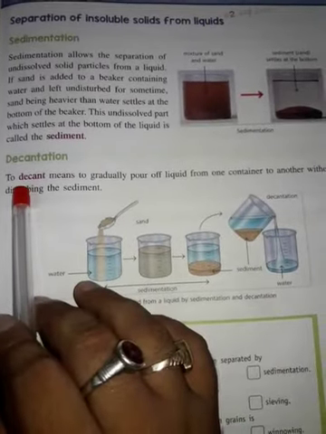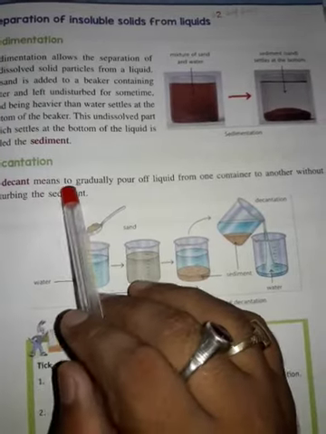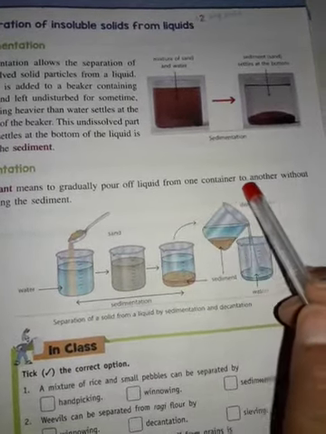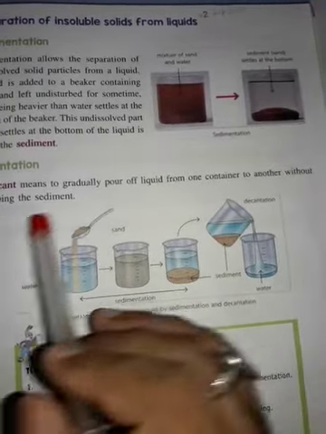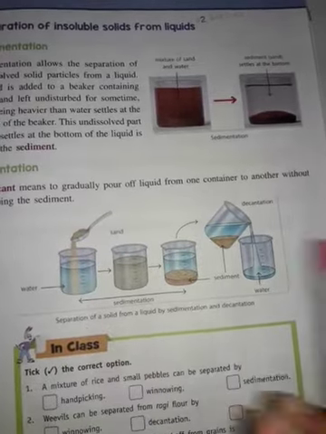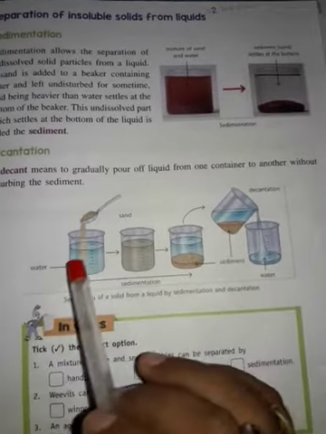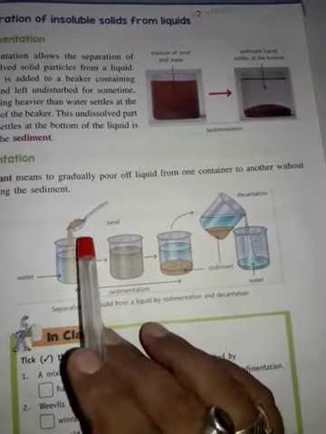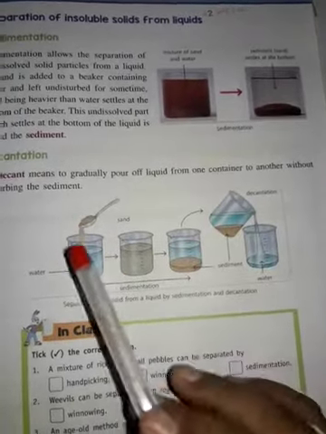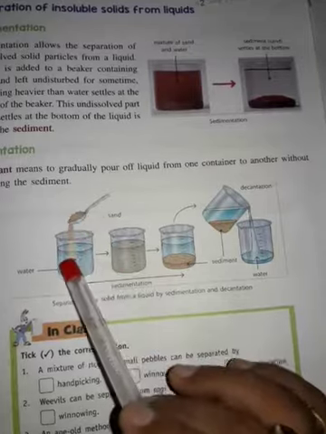Decantation. To decant means to gradually pour off water from one container to another without disturbing the sediment. You have seen the same process as sedimentation, water and sand.